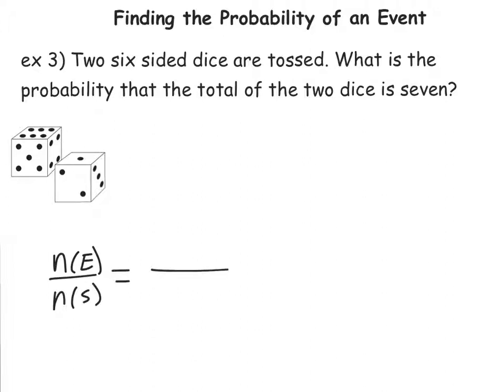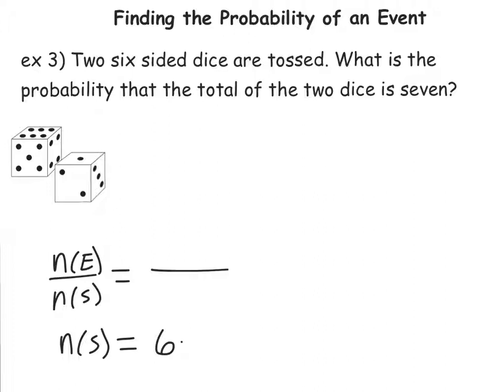So what I'm looking for is n sub s. You're rolling two fair six-sided dice. This really becomes a counting principle from 9.6, that we have two events and they both have 6 outcomes.